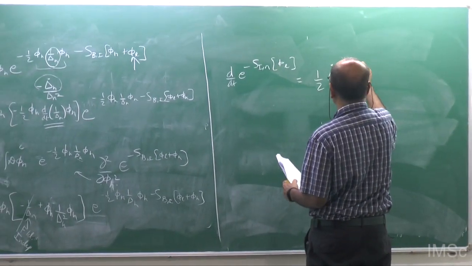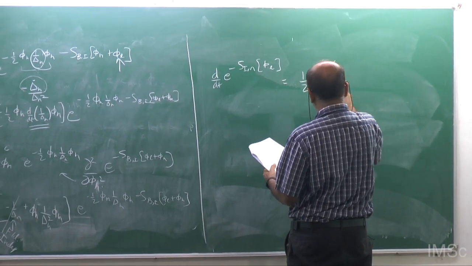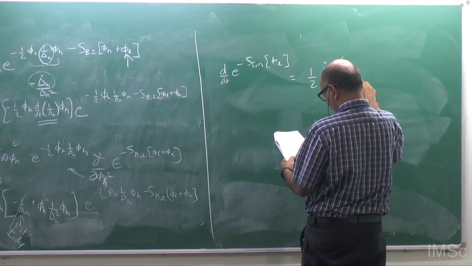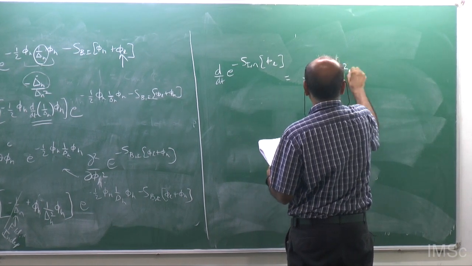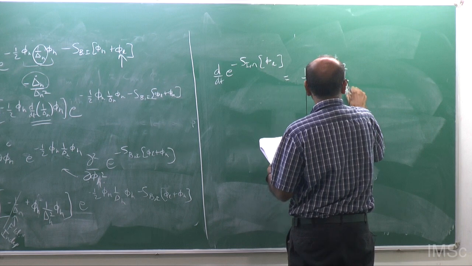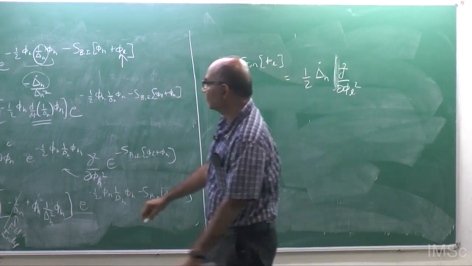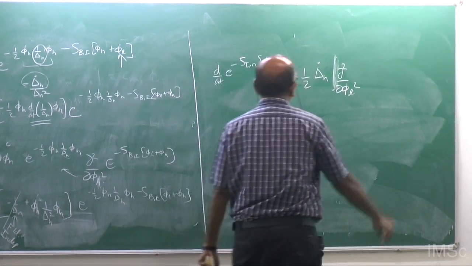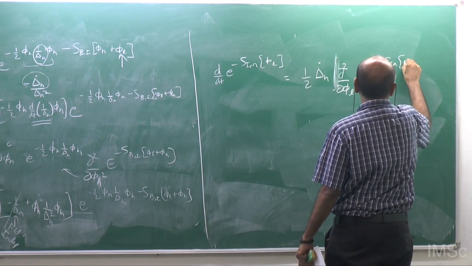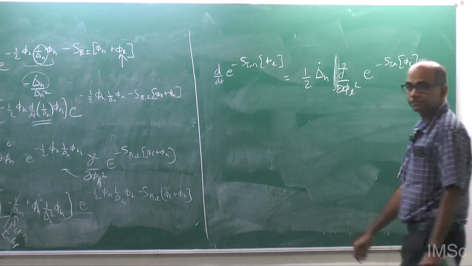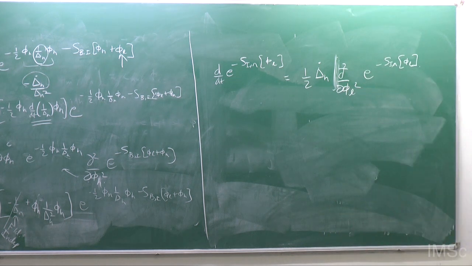Times, times, so this is d squared by d phi L squared of that. That's all.